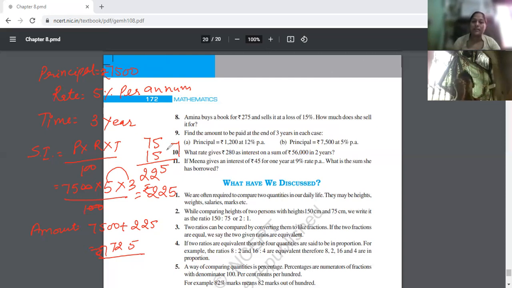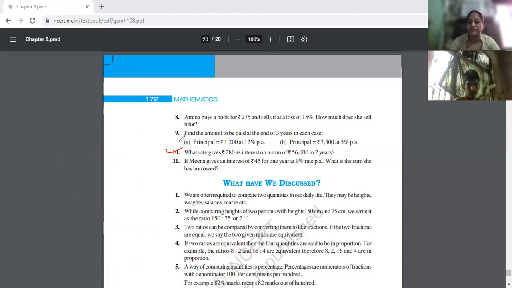Question 10. Read question 10, Deep. What rate gives rupees 280 as interest on a sum of 56,000 in 2 years?